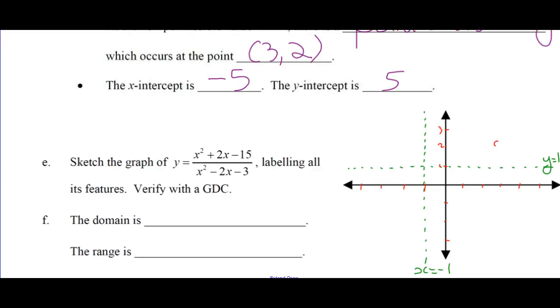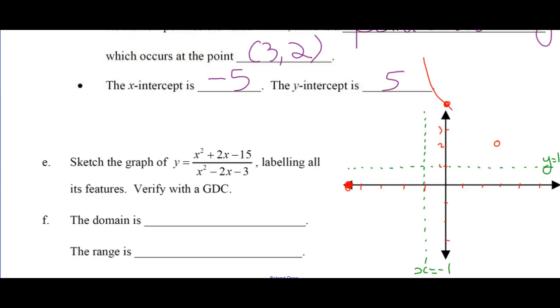So here's 3, 2. What else? We have intercepts. The x-intercept is negative 5. So there's the x-intercept. And the y-intercept is positive 5. That's up here.